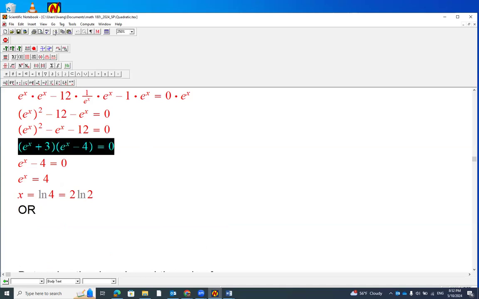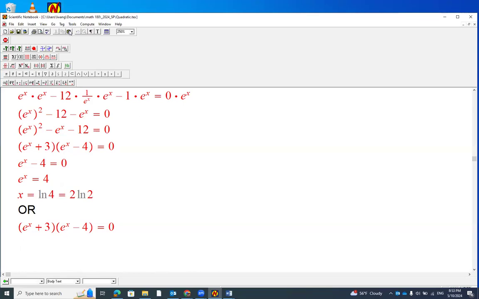Some people will say, oh, from here, I'm going to set e to the power x plus 3 equals 0. Or you can certainly do this, right? And you can write e to the power x minus 4 equals 0.